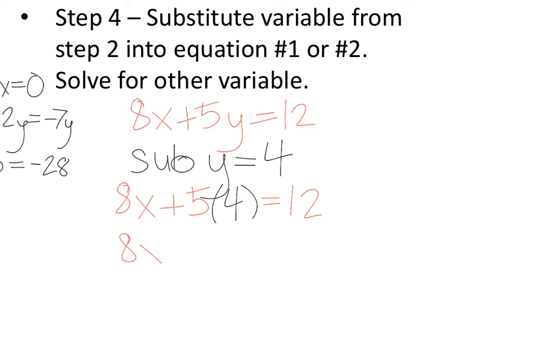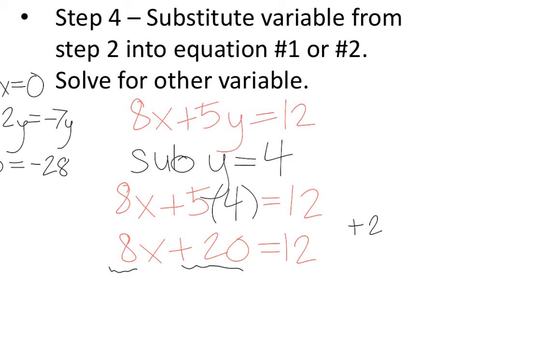So the 8x stays the same. Positive 5 multiplied by 4 is positive 20. And that 12 stays exactly the same, which leaves us 8x plus 20 equals 12. Remember, we want to isolate x, therefore we need to get rid of this 8 and this plus 20. Let's get rid of this plus 20 first.